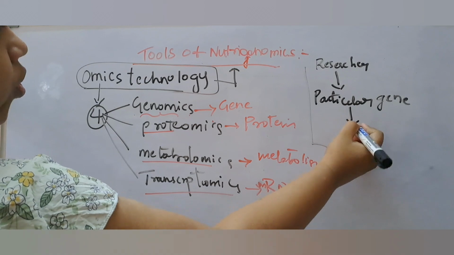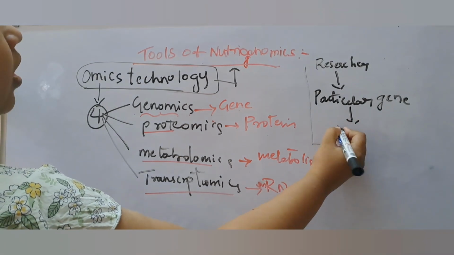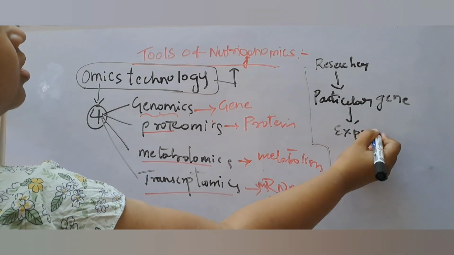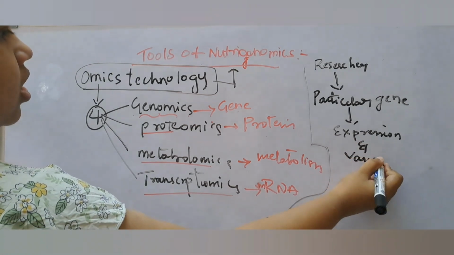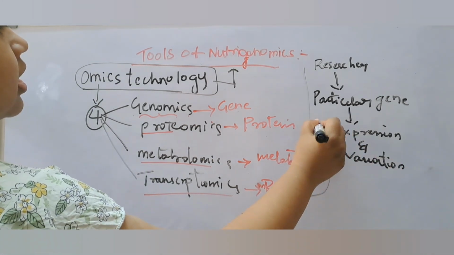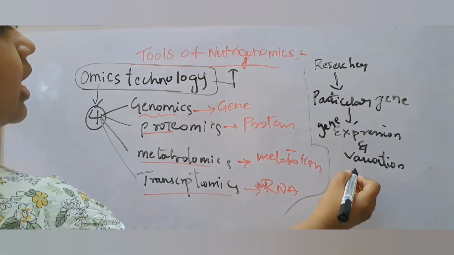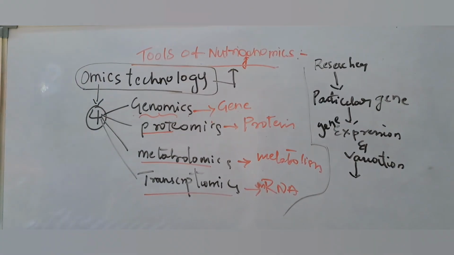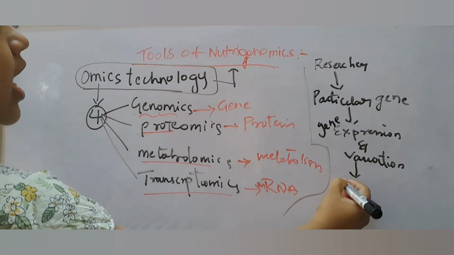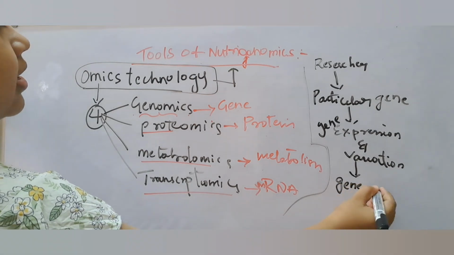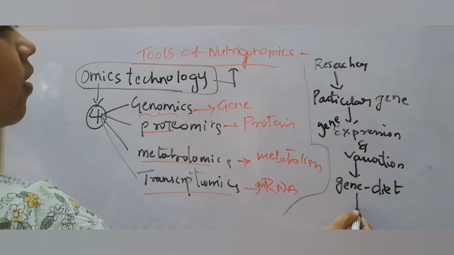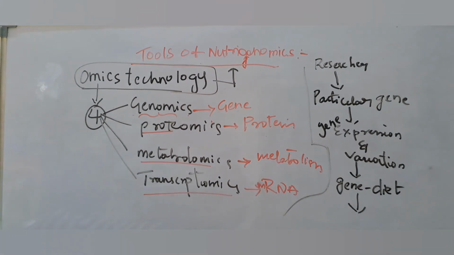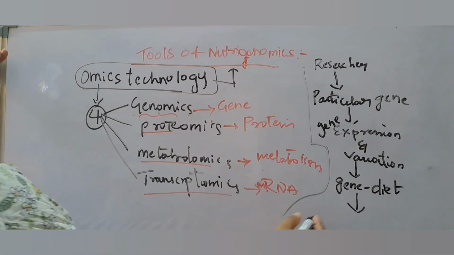And then he will encode gene expression and variation. And then, after encoding all those, he will see gene-diet interaction, and after that the intervention of the strategies.